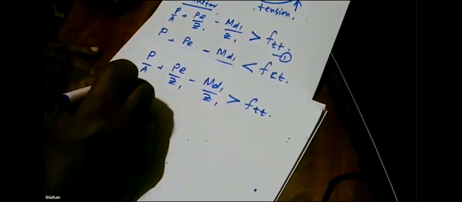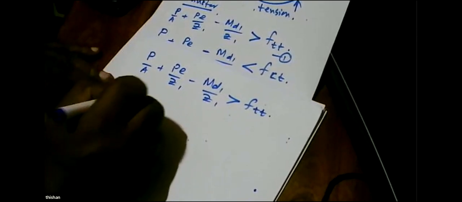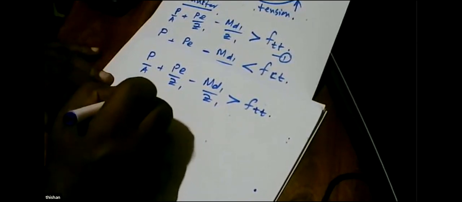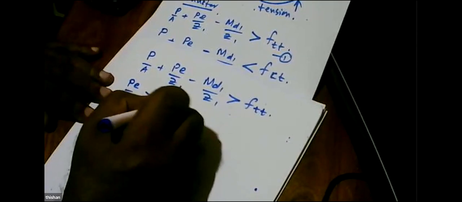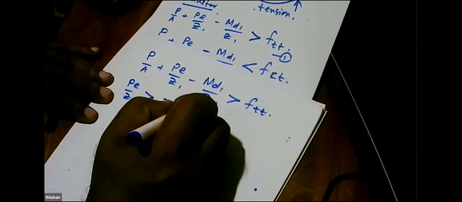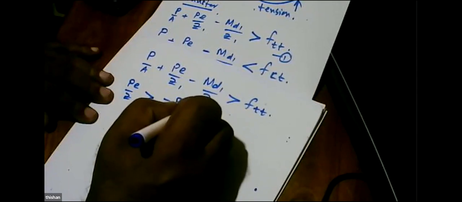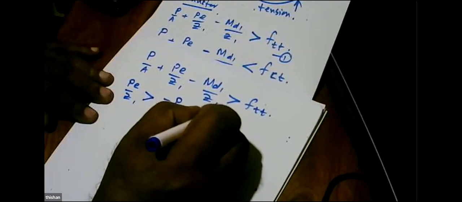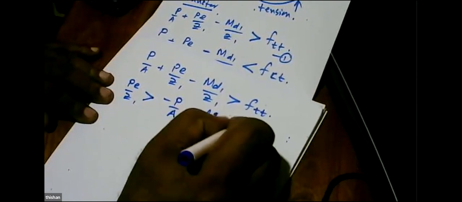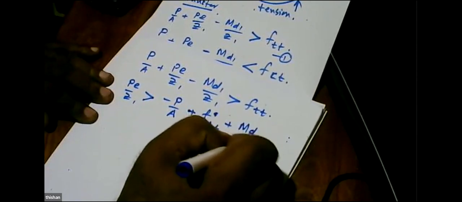Then I can say PE over Z1 should be greater than minus P over A plus FTT plus MD1 over Z1.